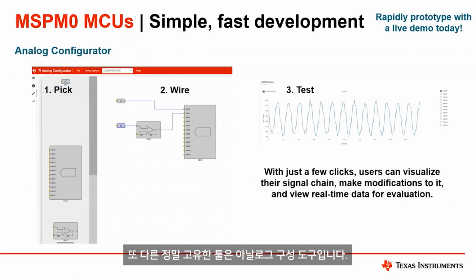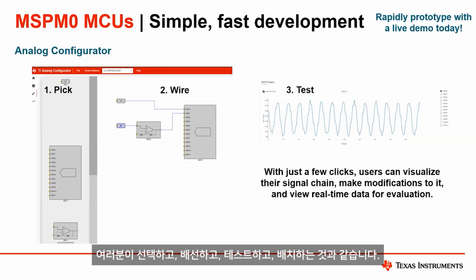Another really unique tool is the Analog Configurator. Based on its name, it's another graphical tool where you drag and drop analog blocks to create your design or your front-end analog configuration, like picking an op-amp or an ADC. It's like you're wiring it, testing it, and deploying it.